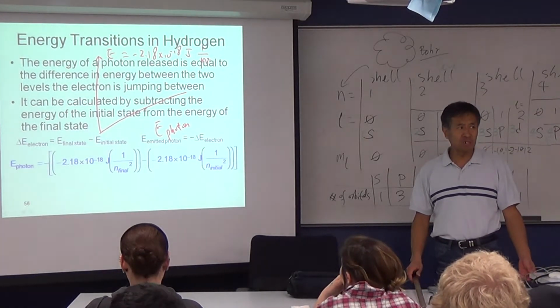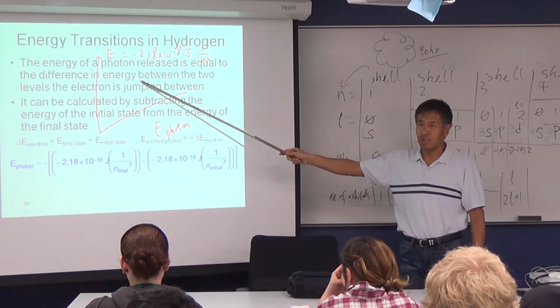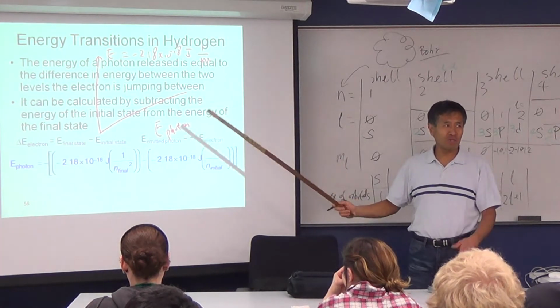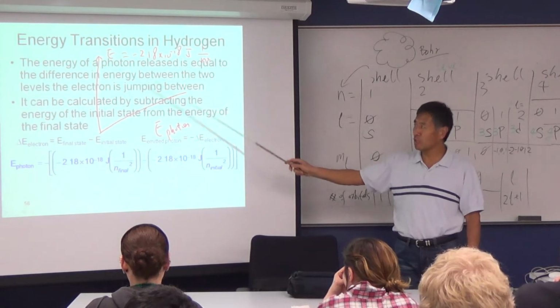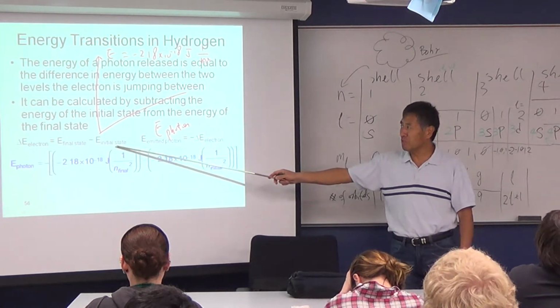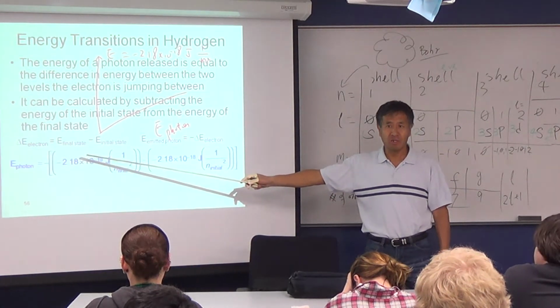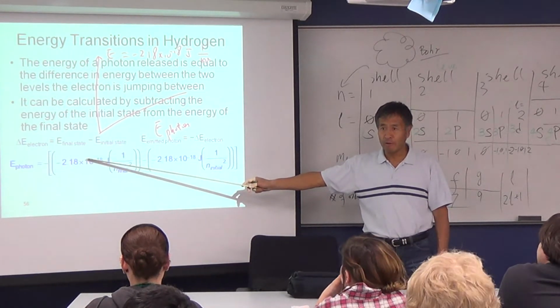It's a very simple equation. This is just a huge negative number, and you take the negative number divided by n squared. So if you tell me what your n is, you just put it in this equation right away and you will find this number. Initial means you have an initial n, final means you have a final n. Got that?